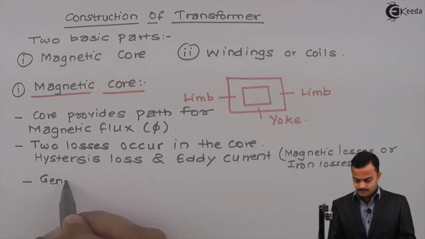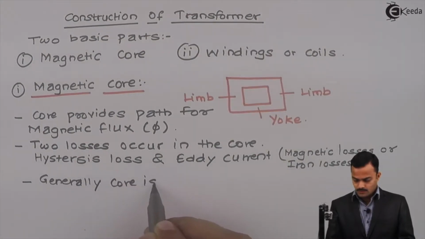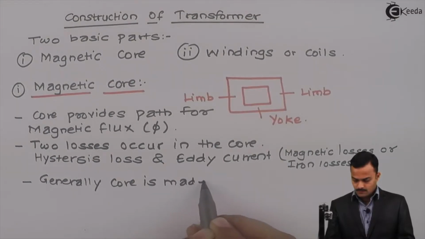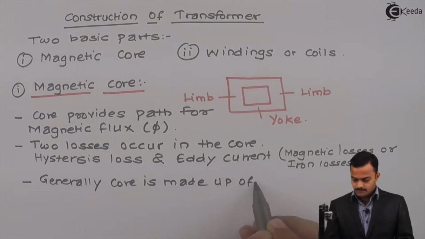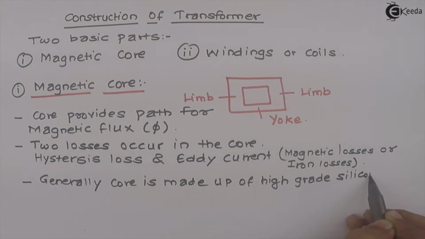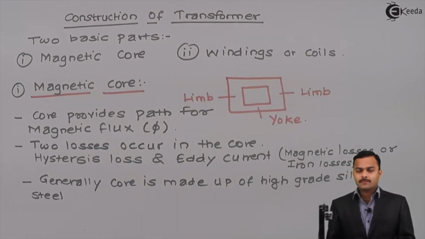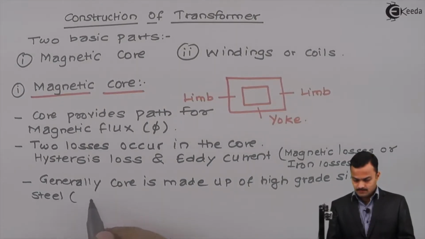So generally, core is made up of high grade silicon steel. This is the best magnetic material. How to choose the best magnetic material?